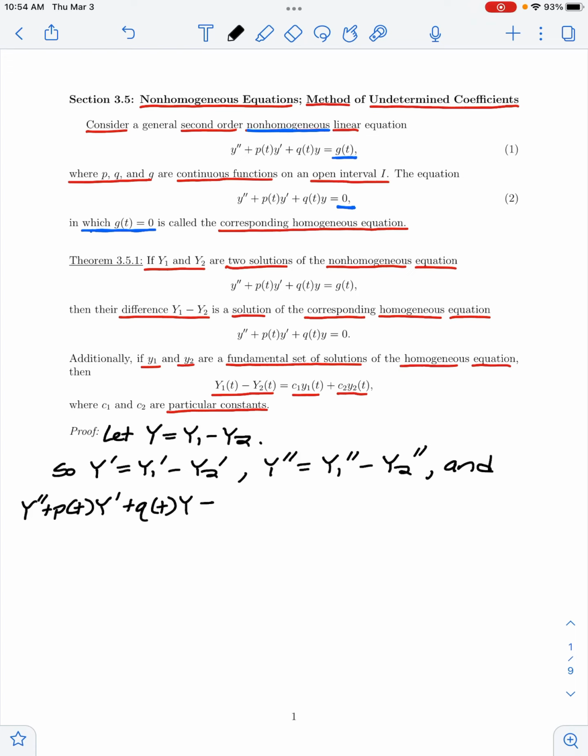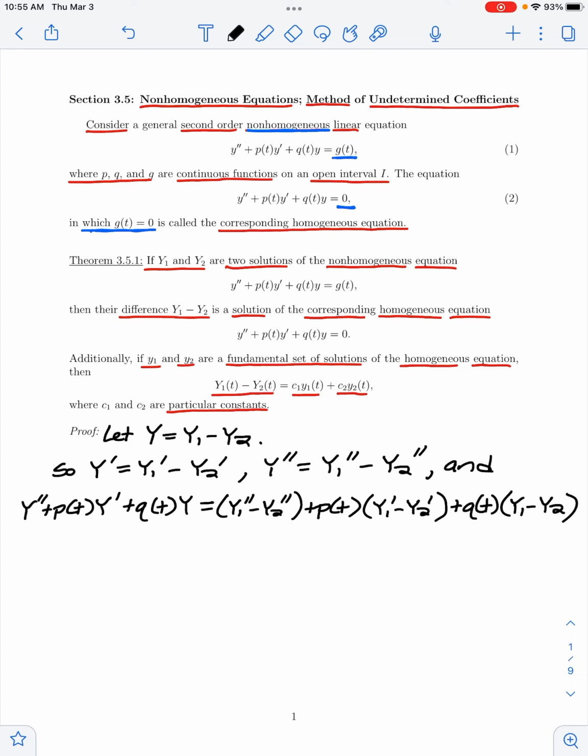So let's substitute these expressions that we just found in. Our second derivative would be Y1 double prime minus Y2 double prime, plus p(t) times my first derivative, Y1 prime minus Y2 prime, and then plus q(t) times Y, which was the difference Y1 minus Y2.